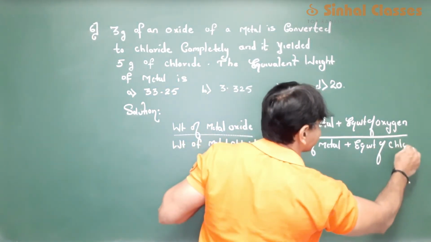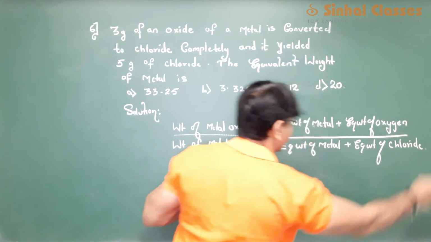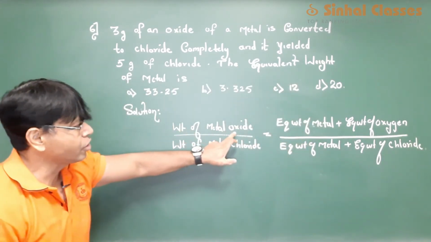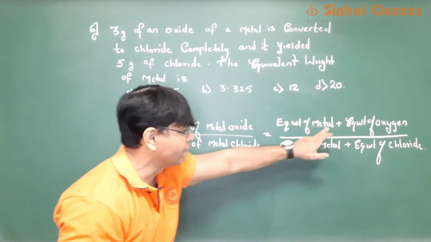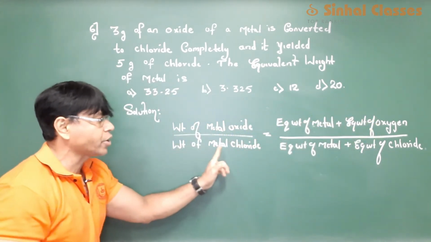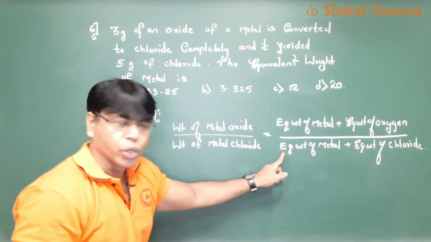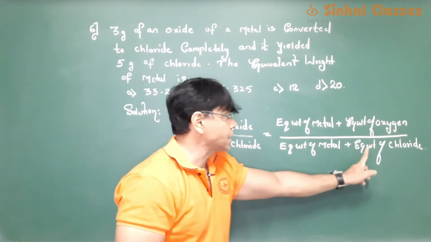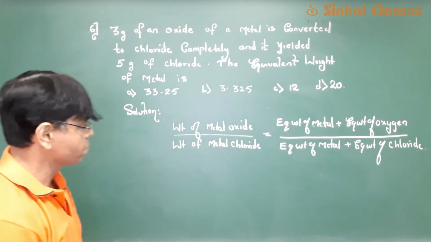So it's very easy to remember. Weight of metal oxide is equivalent weight of metal plus equivalent weight of oxygen. In a similar manner, weight of metal chloride is equal to equivalent weight of metal plus equivalent weight of chloride.